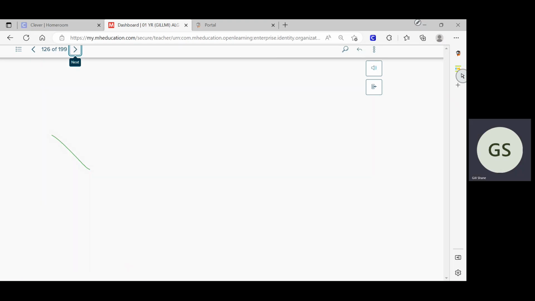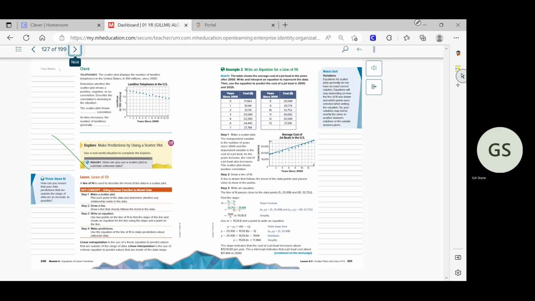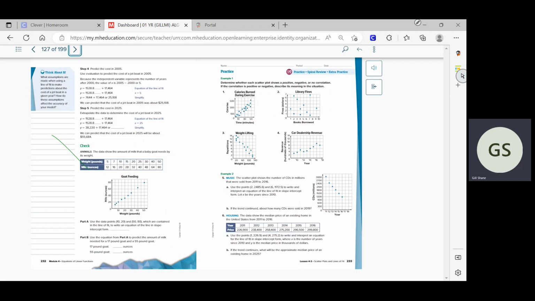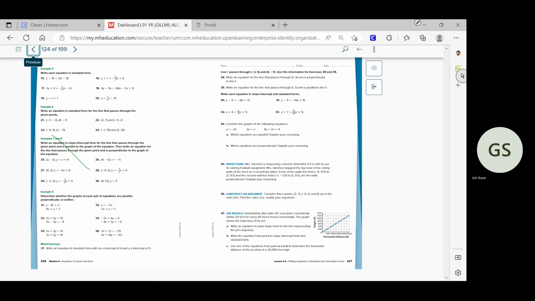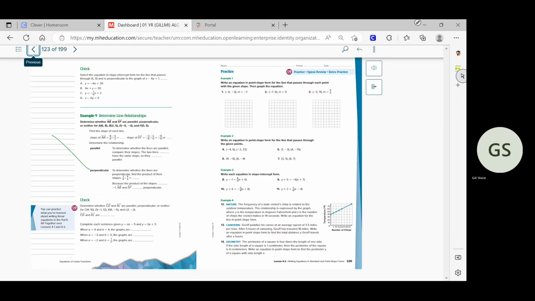Wait, whoa. Where's the next part? Wait, hold on. What's the next part? Page 225. Huh. Where's the next one?